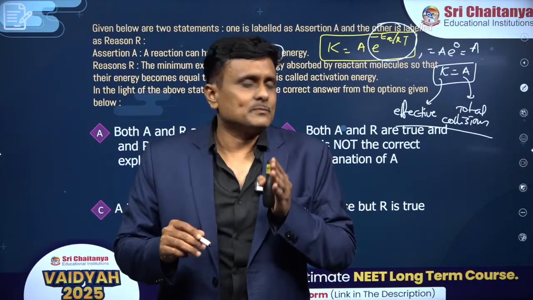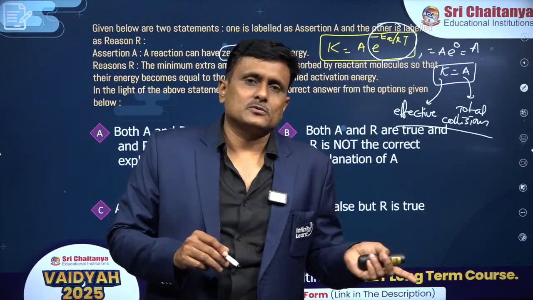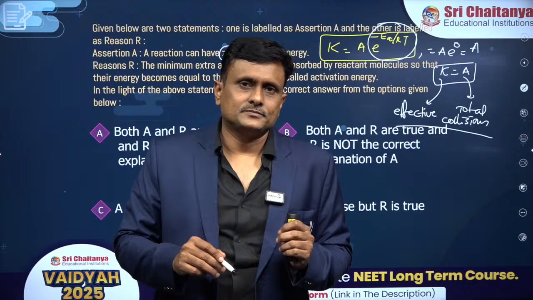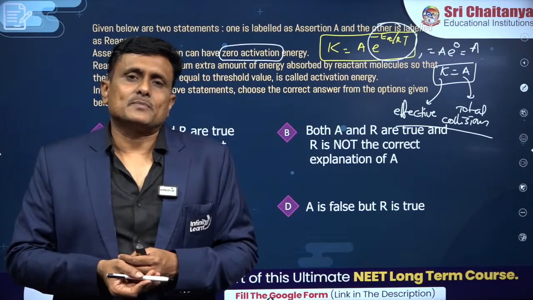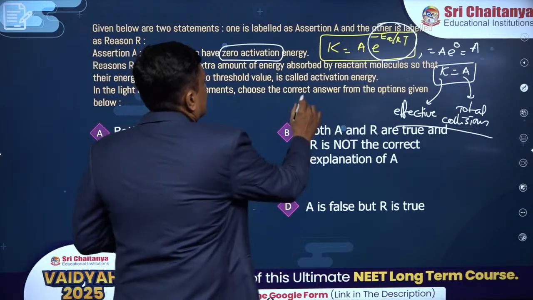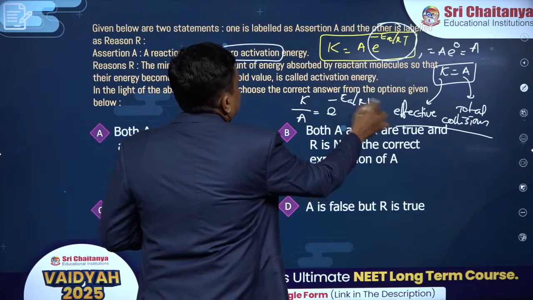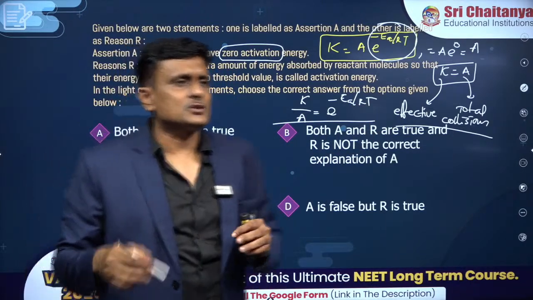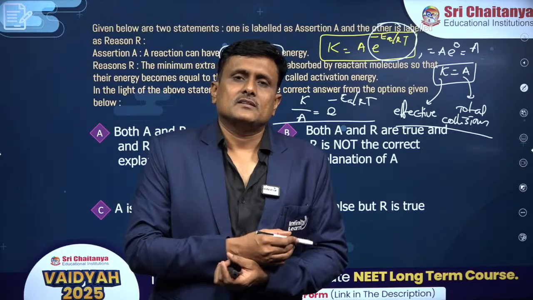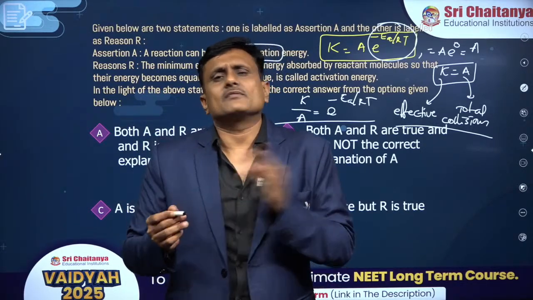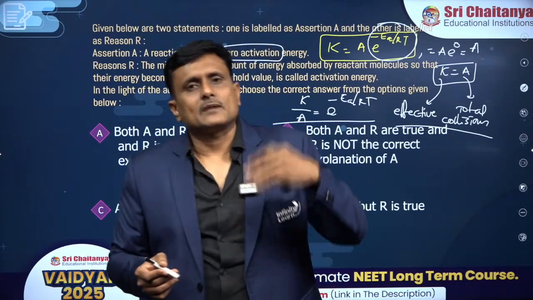That means 100% conversion of all the reactant molecules in a stipulated time to the product is not possible. Only a portion of it will undergo product formation, which is represented as k by A, which is nothing but the Boltzmann factor. So 100% conversion of reactant into product is not supported by the Arrhenius equation. So k can never be equal to A, nor can k be greater than A.